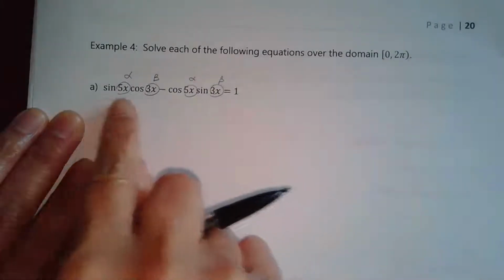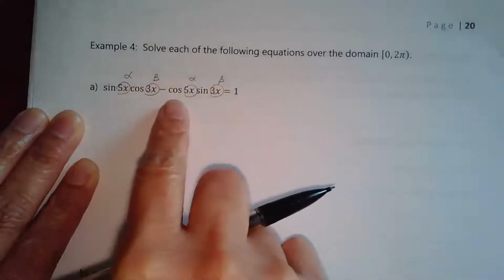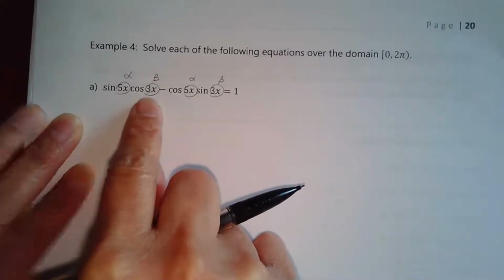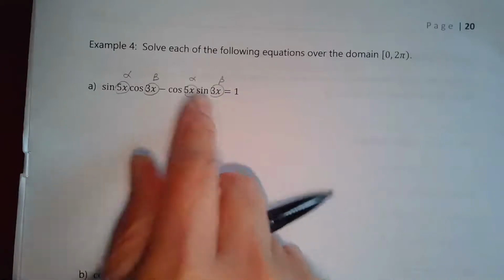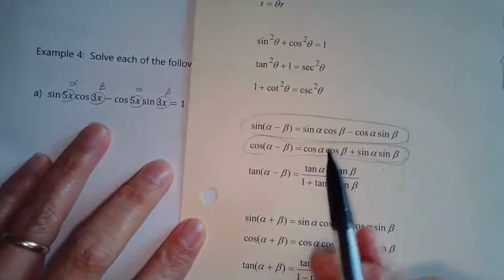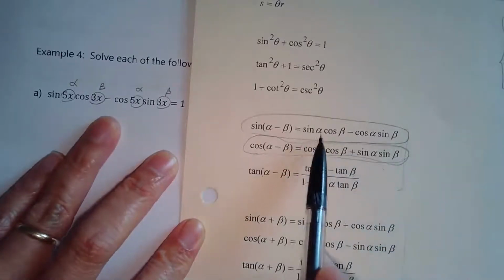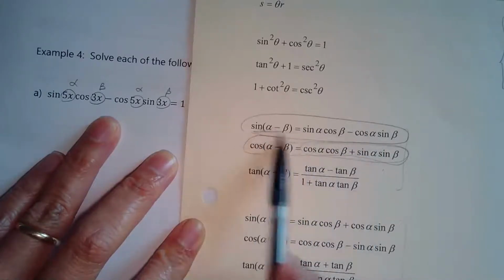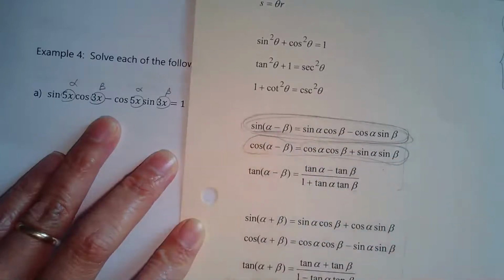Okay, so this one here looks very complicated. Well, what does that simplify to? Sine of alpha cos beta minus cos beta sine alpha. What would that be? That would be sine cos minus cos sine, which is this identity right here: sine of alpha minus beta.